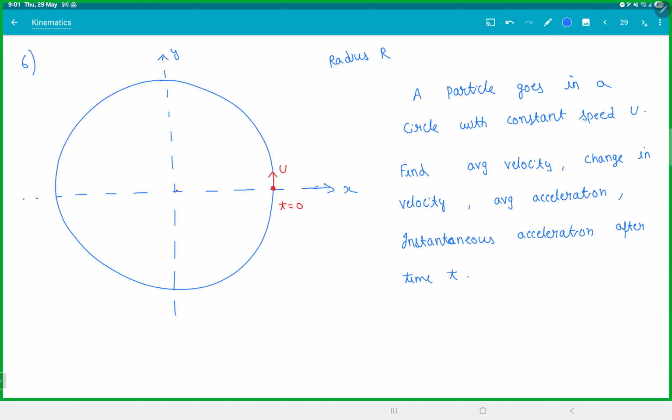Don't worry about everything. Start with the first one, average velocity. I'll give you a minute, 2 minutes for that. Then I'll show you one. Find average velocity. The definition: displacement by time.